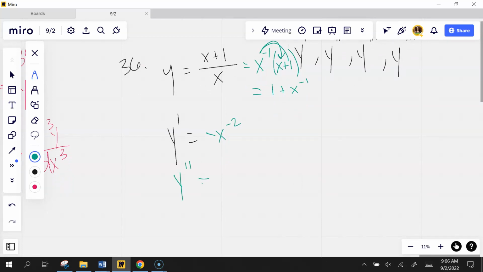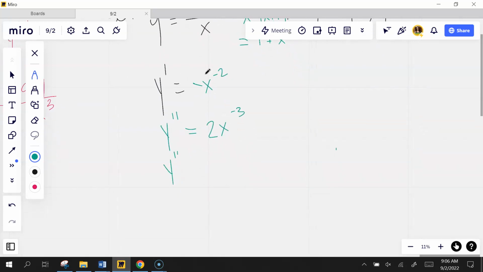How about the second derivative? Yep. How about the third derivative? Well, it's negative 2 times negative 1.